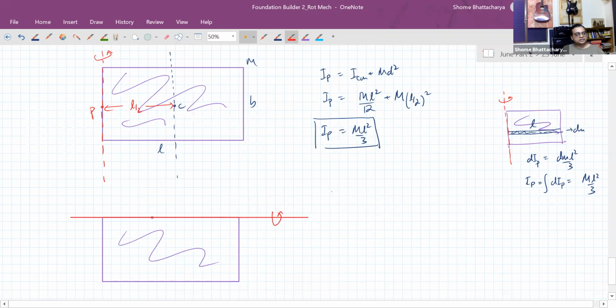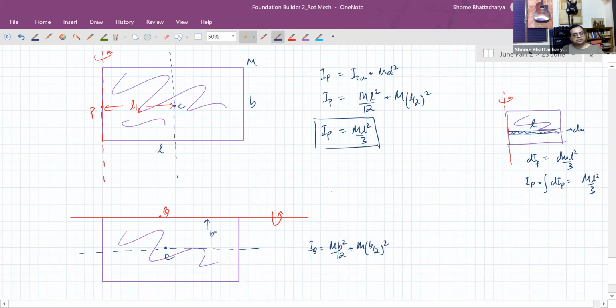So about this axis, we can consider parallel axis through the center, let's say this is Q. So this moment of inertia about Q will come to be MB square by 12 plus M into B by 2 whole square.